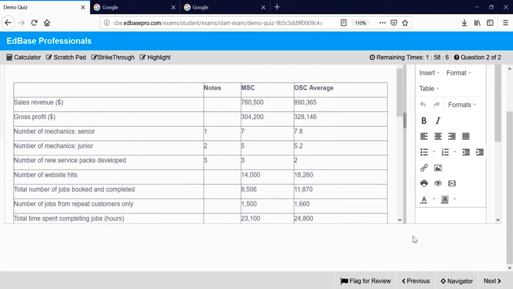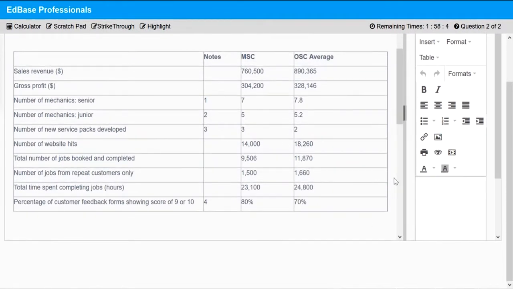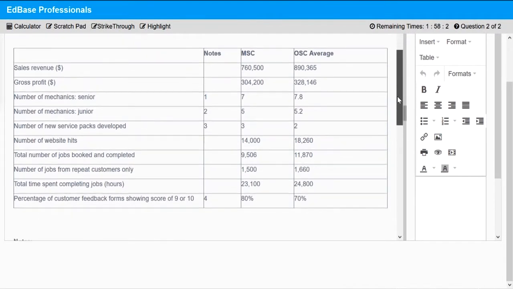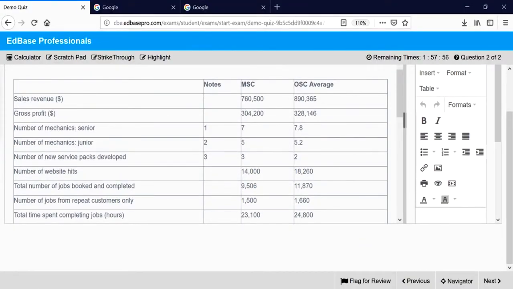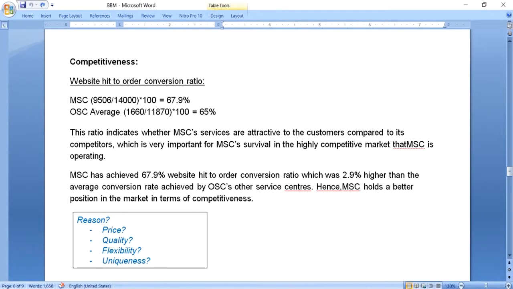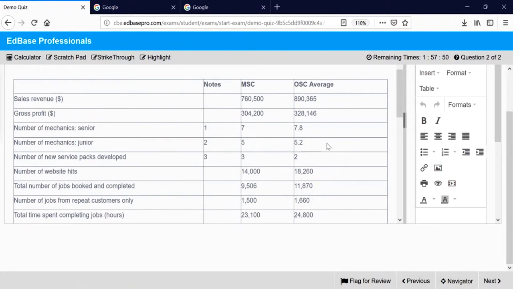Now, what information do I have here? So first thing is my competitiveness. All right. Now I ask you a question. How do you measure competitiveness? Okay.